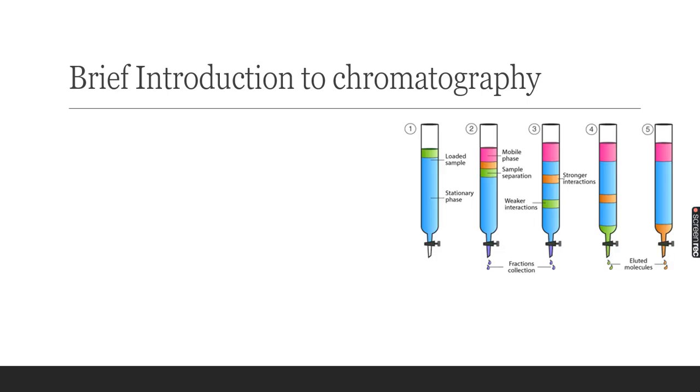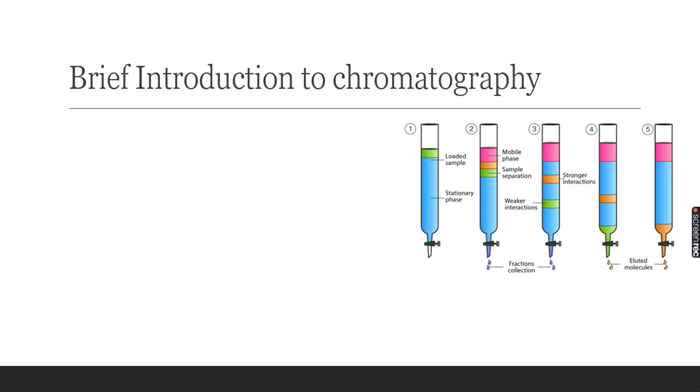So you can see on the right-hand side a column chromatography setup. The purpose is to separate more than one or two compounds in a mixture which is loaded over a stationary phase, which is actually an adsorbent, and we add some mobile phase, some liquid solvent. Essentially, you can see the compounds being separated in a stage-wise manner.